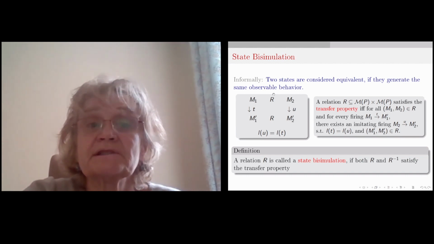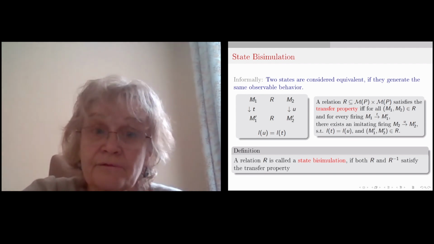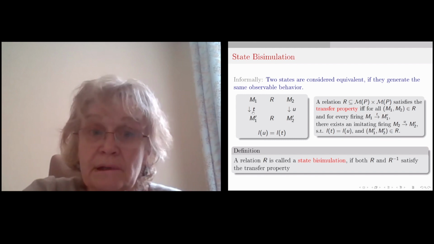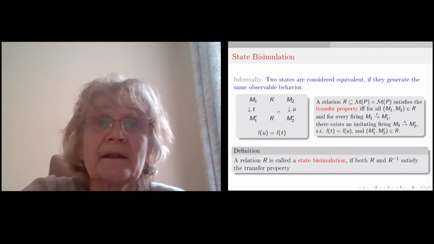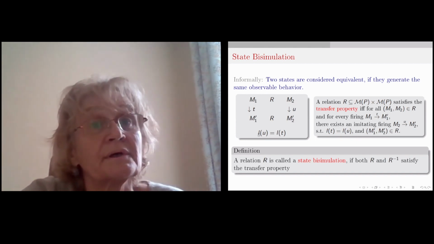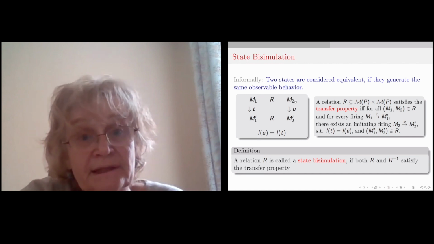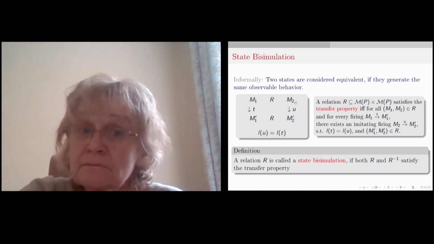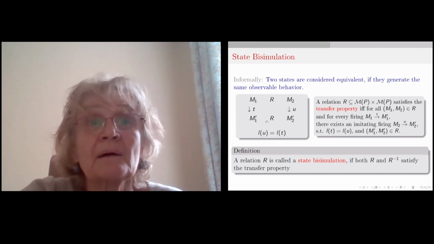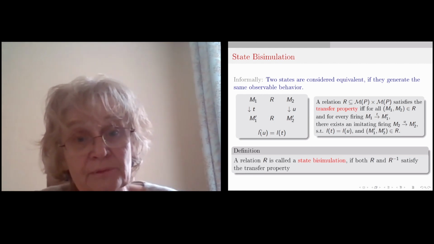We have this relation L. If from M1 we can fire an action labeled with T, then we can fire from the second state also an action with the same name, and we come to states which are also connected with this relation.